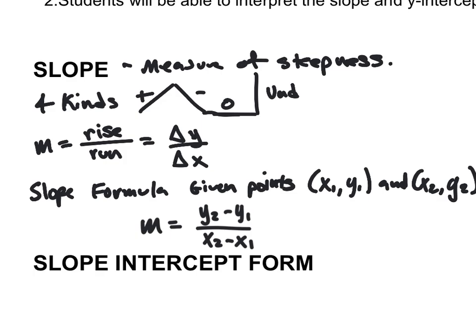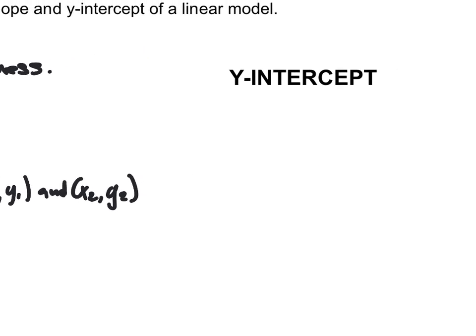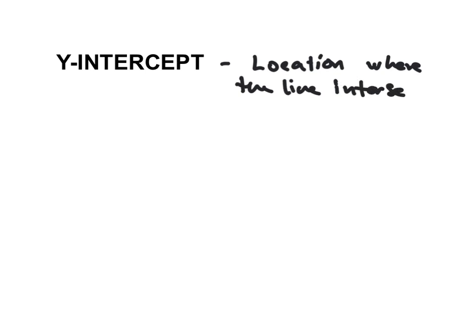All right, so we got a bunch of different ways of doing that, and we'll talk more about that, but that's what slope is, okay? If we go over to our y-intercept, this is the location where the line intersects the y-axis, okay?